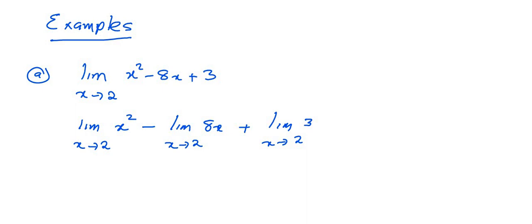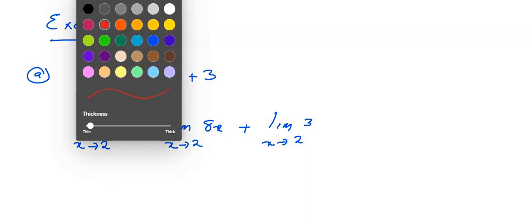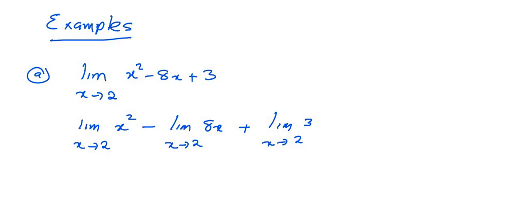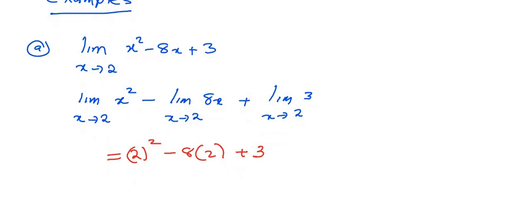So if we're approaching a function which is x squared, it is defined everywhere because it's a quadratic, it's a parabola, right? It's defined at 2. So we'll simply put the 2 there, squared, minus 8, put the 2 there. Then the limit of a constant is always going to be a constant because there's nowhere where we can replace x by 2. So this is just going to give us a 4 minus 16 and then plus a 3.